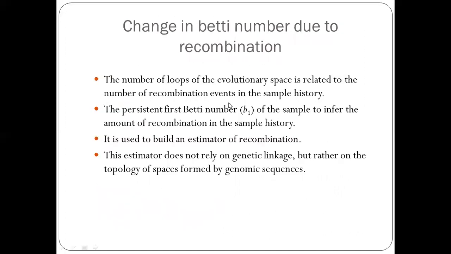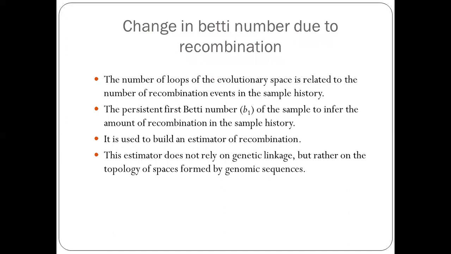Change in Betti number due to recombination. The number of loops of the evolutionary space is related to the number of recombination events in the sample history. The persistent first Betti number of a sample is used to infer the amount of recombination in the sample history.